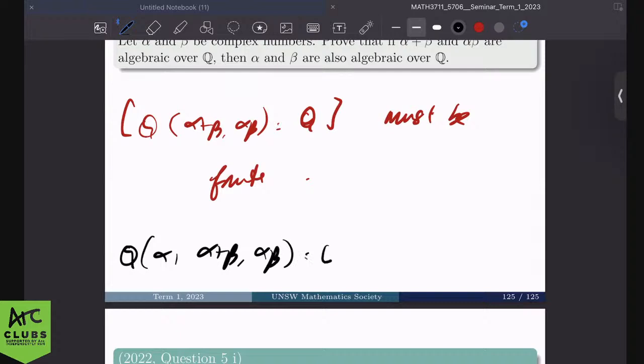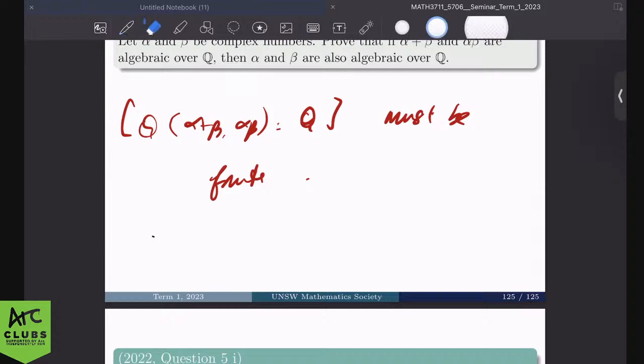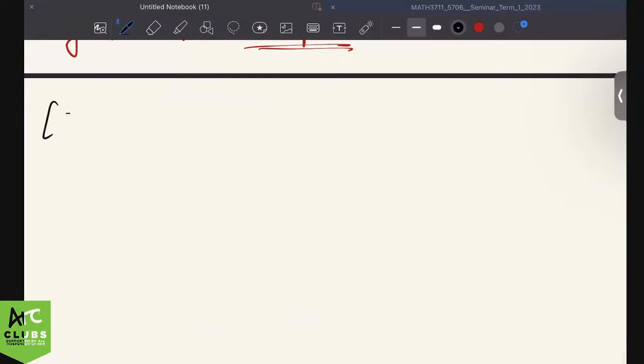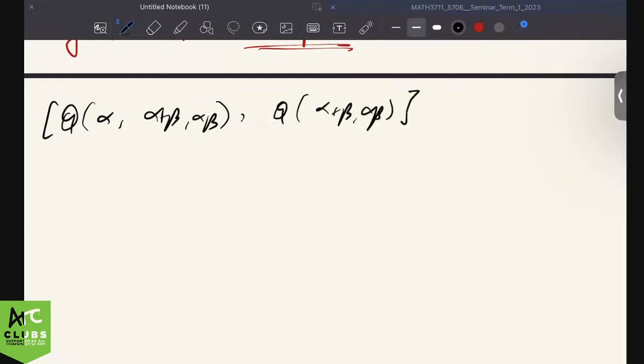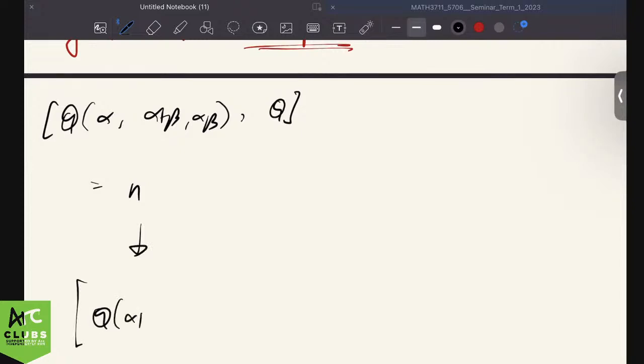Okay. Let's start a new page for this. But basically, that's going to be equal to, we'll do the tower of extensions, but it's going to be equal to the finite number n, so n being this finite number, because we know they're algebraic, times the degree of the minimal polynomial of alpha over alpha plus beta, alpha beta.